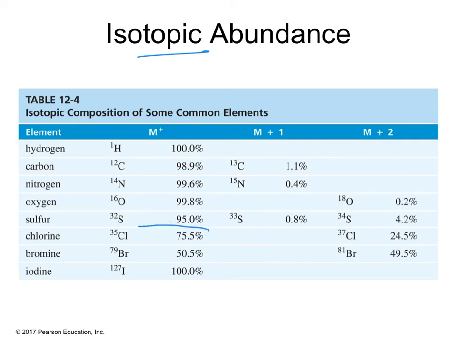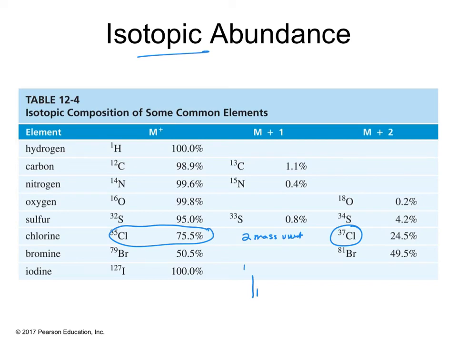Chlorine, you're going to see the 37. What's the difference between 37 and 35? Two mass units. Okay, and what's the difference in the height? You're going to see the 35 at three times the height of the 37.